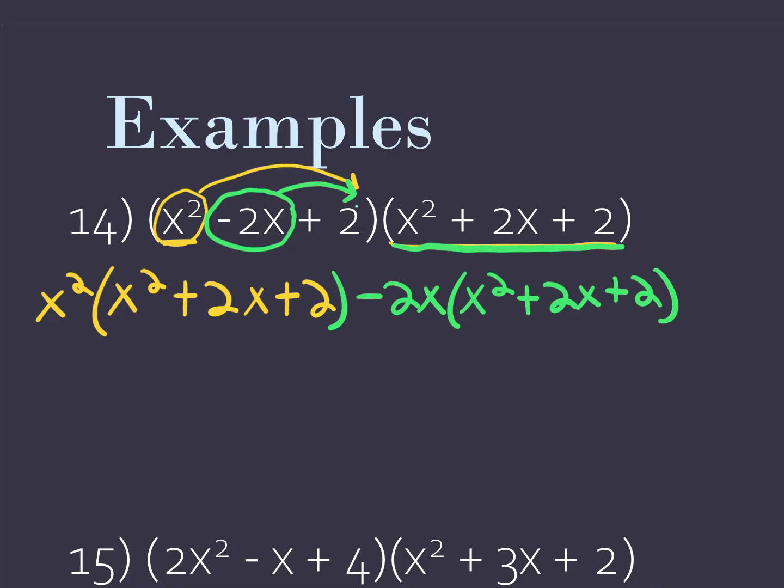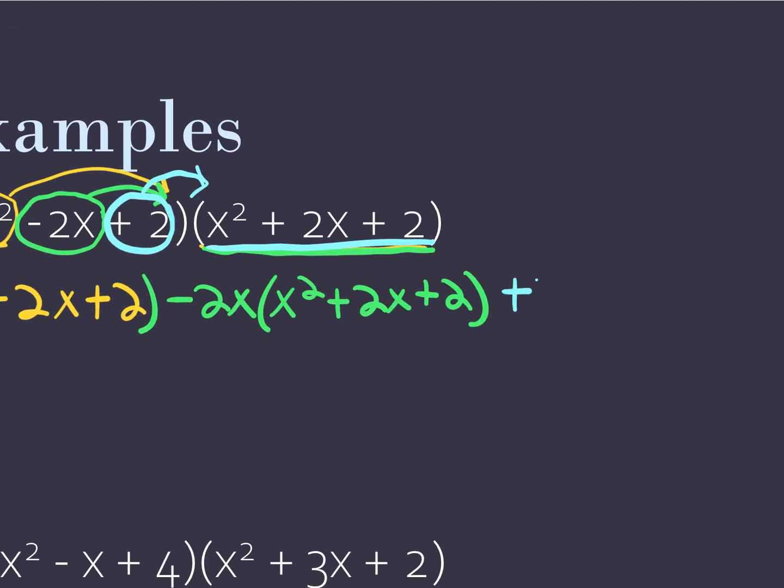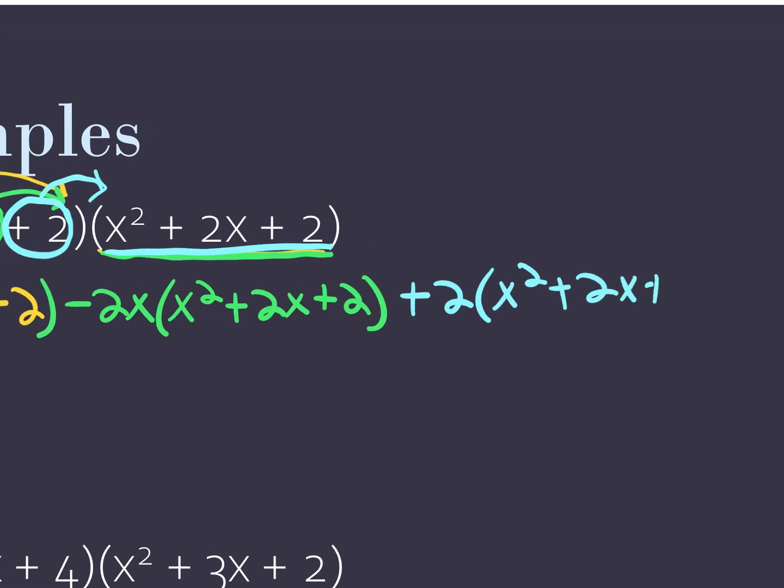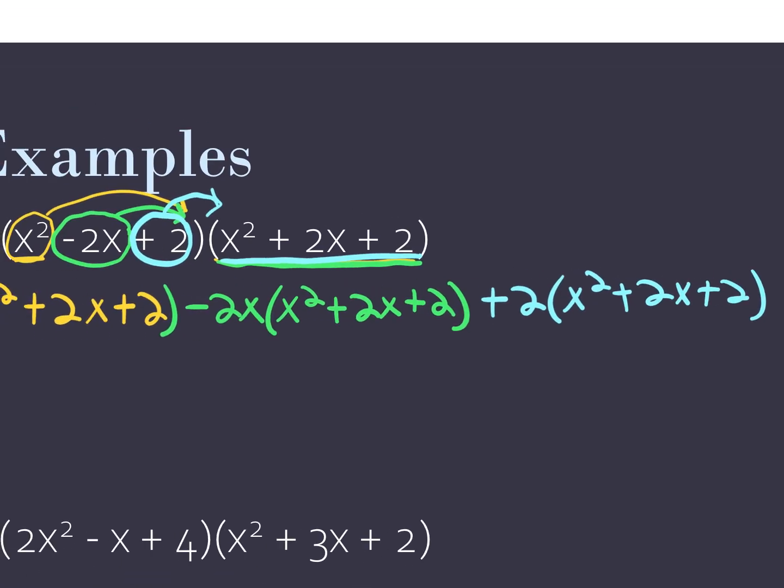All right, and then I do the exact same thing with the last term. That plus 2 is also going to distribute to this entire thing, which is going to be plus 2 times x squared plus 2x plus 2.